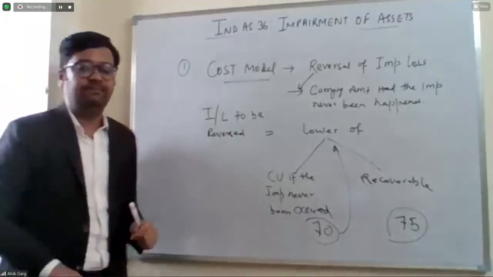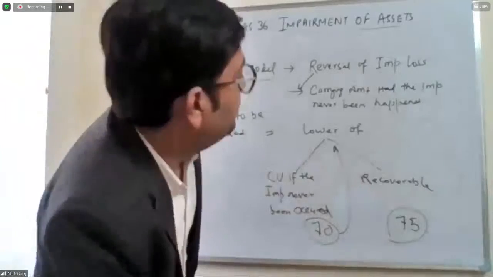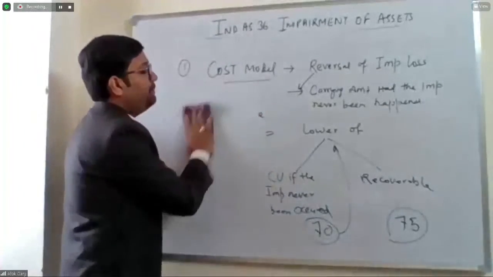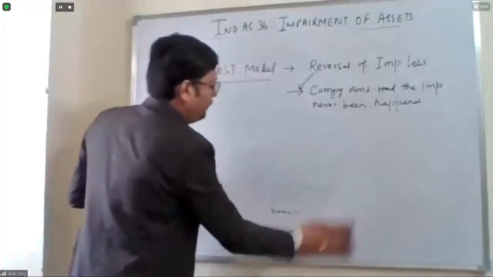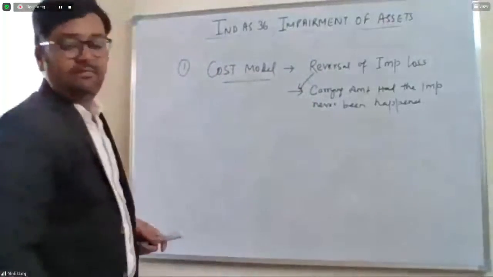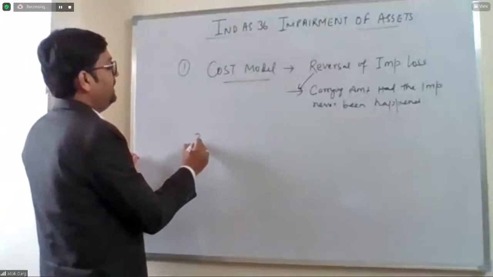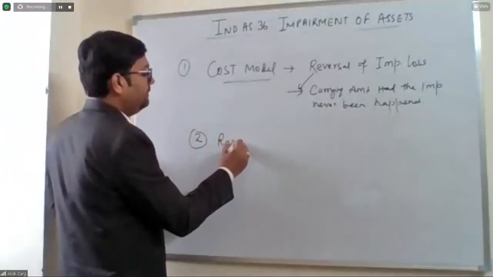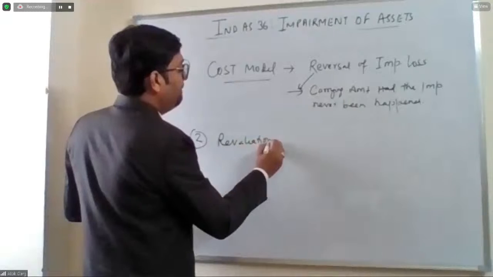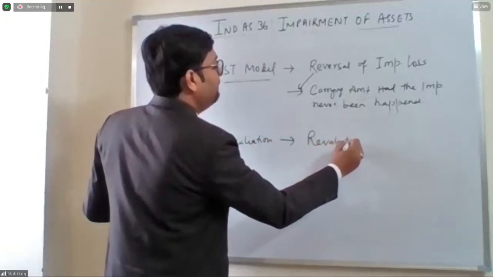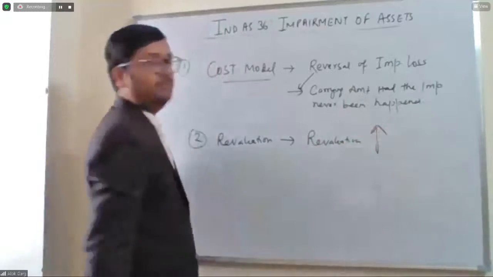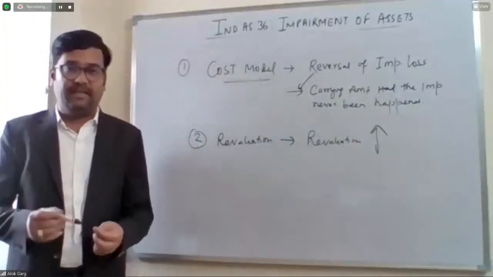Okay, perfect. Now the second point, sir, what happens if the company has opted for the revaluation model and there is a reversal of impairment? In case of the revaluation model, it will be treated as a revaluation increase.